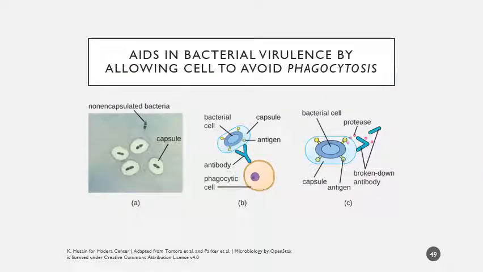So just to explain what we mean by aiding in bacterial virulence, virulence is the ability to cause disease, oftentimes by persisting and avoiding our immune system. Normally we would have antibodies that recognize the antigens on the bacterial cell. The capsule helps mask those antigens. It's kind of like an invisibility cloak.